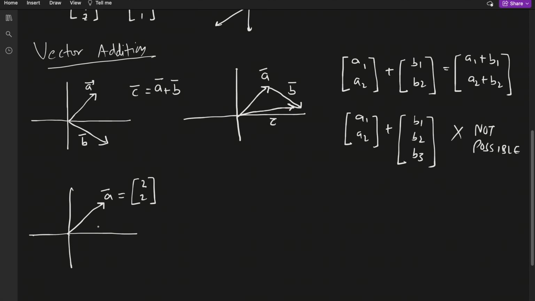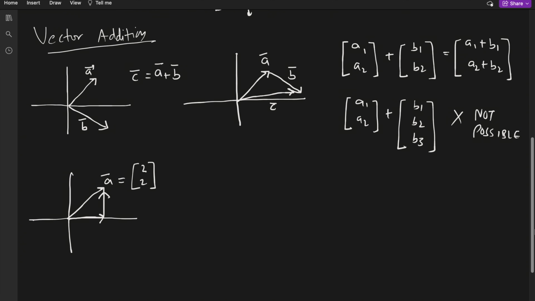It is the same as if I am moving along this a vector in this direction, or I can move like this, first in this direction and then in this direction, right? If you do the same, you will end up at the same location. Okay, so I think vector addition is a very simple concept. It is clear to you.